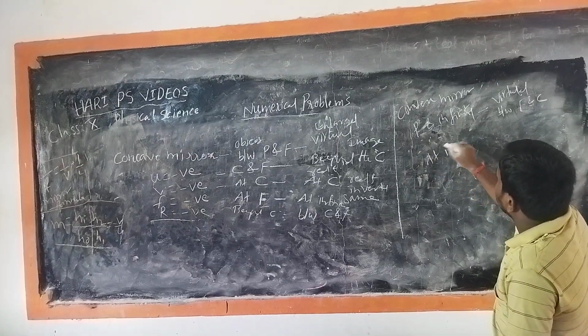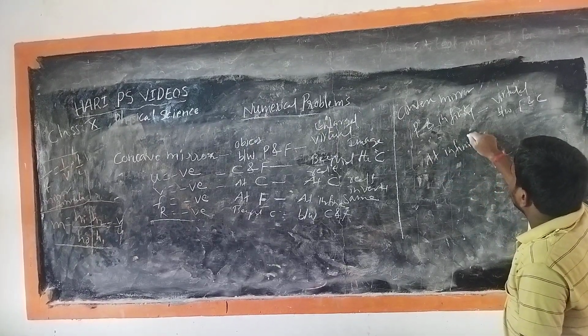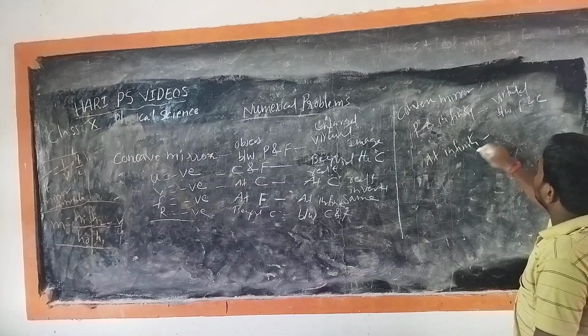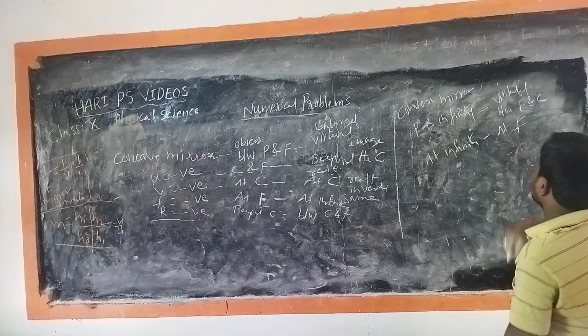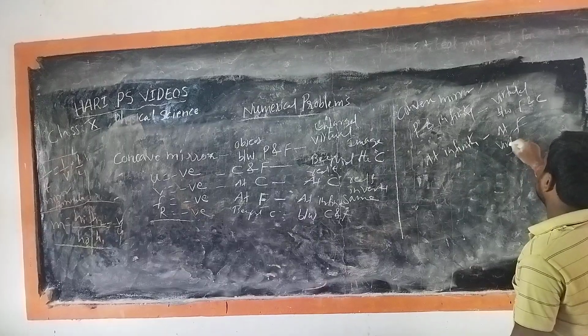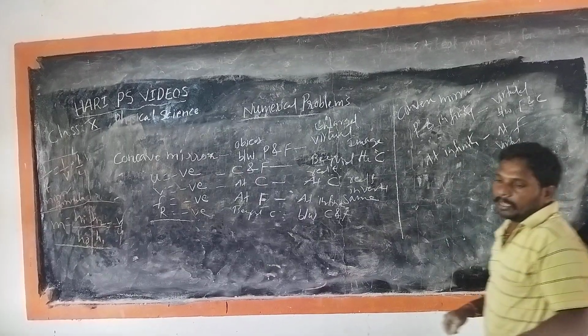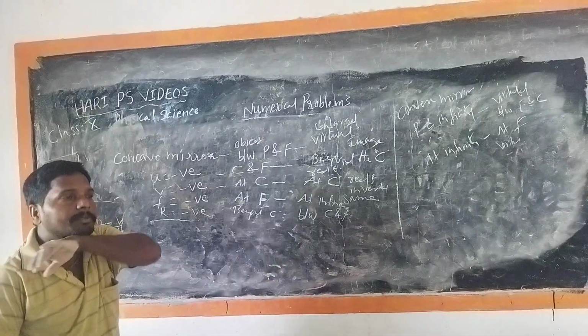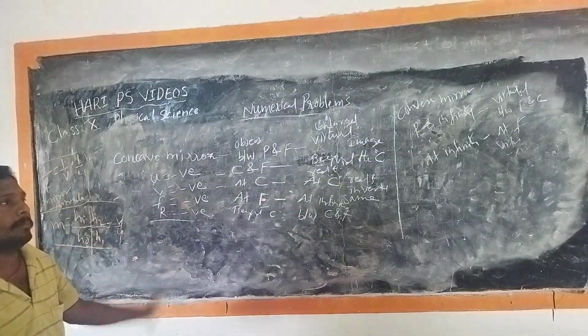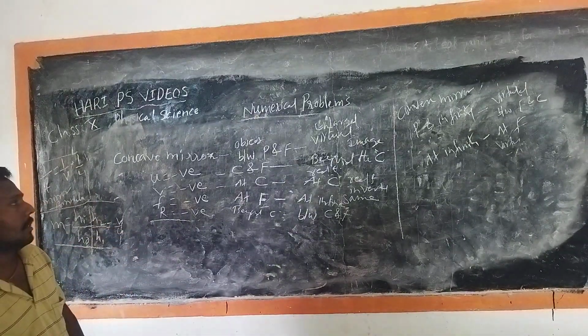If the object is at infinity, the image is at focus. So convex mirror always forms virtual images, right?